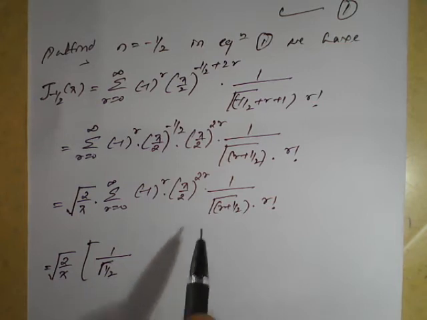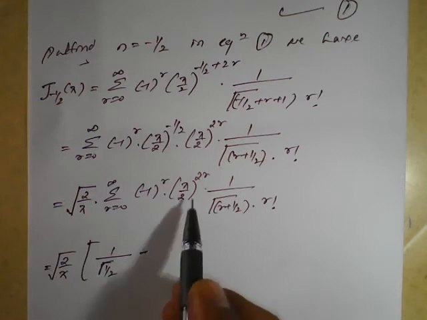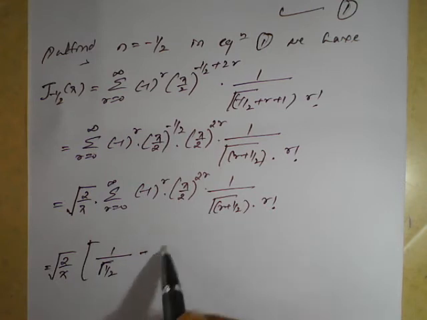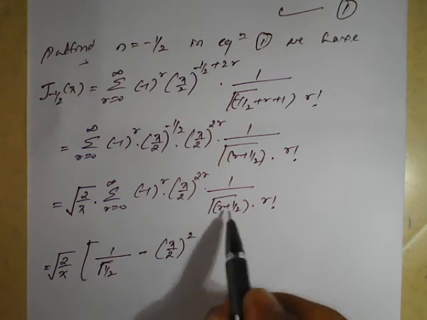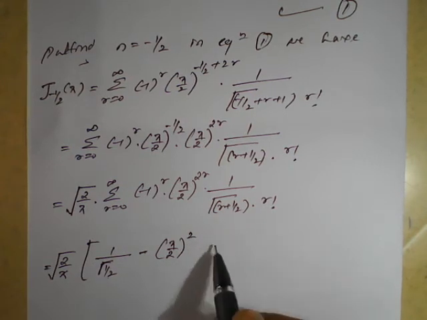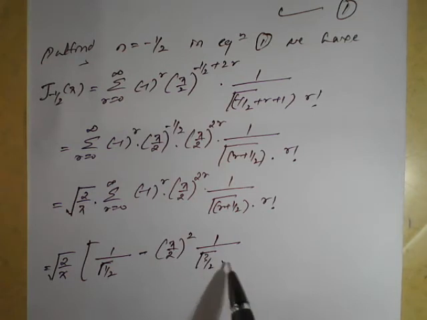Next, when r is 1, minus 1 raised to 1 is minus sign, so x upon 2 raised to 2, because r is 1, so here 1 plus 1 by 2 will become gamma of 3 by 2 into 1 factorial.